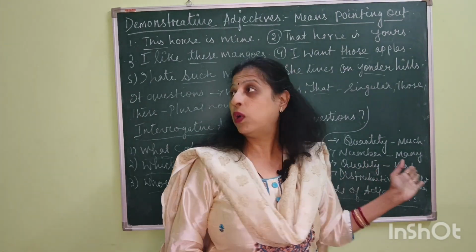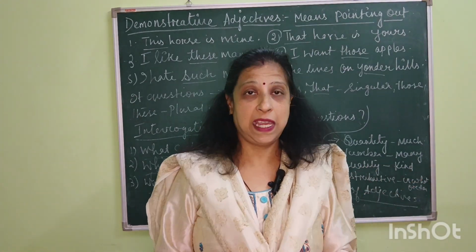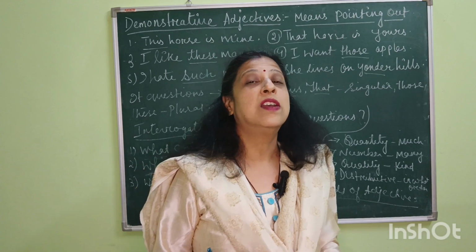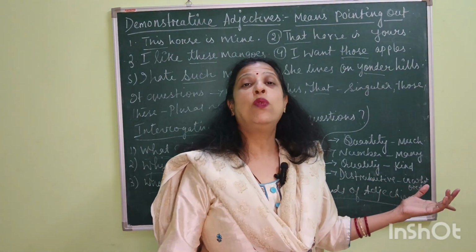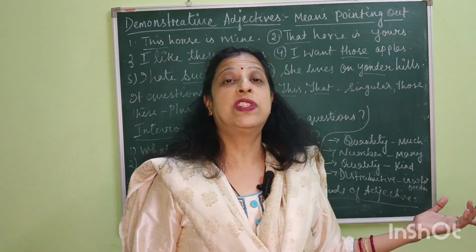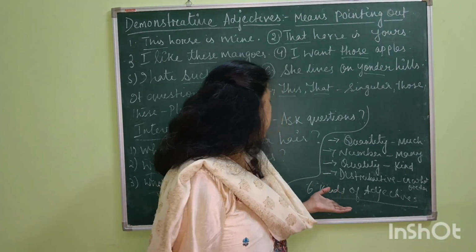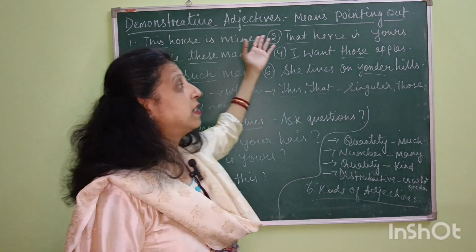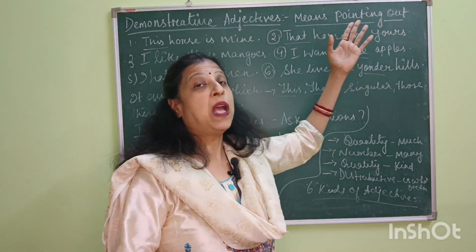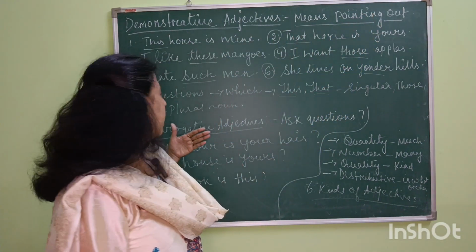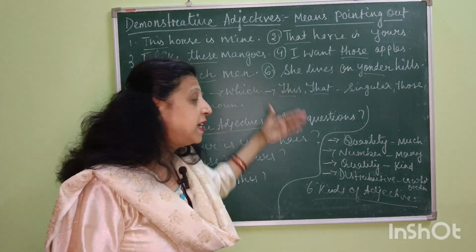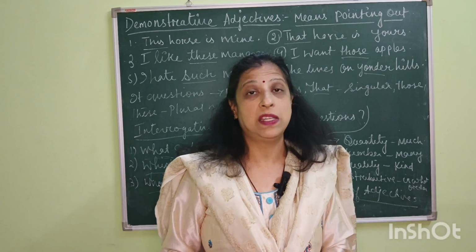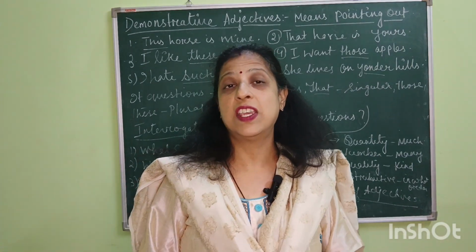Adjective of quality tells us of what kind. Distributive adjective tells us in what order. Then demonstrative adjective, where we are pointing out, and interrogative adjective asks questions. So there are 6 kinds of adjectives that we have done, children, and it's very nice taking your class.